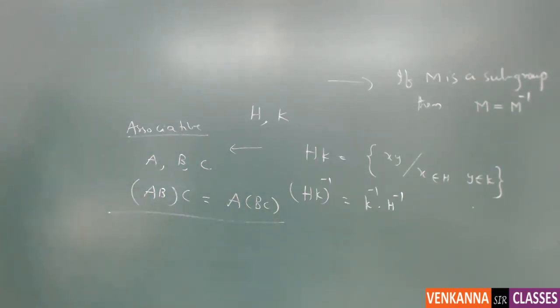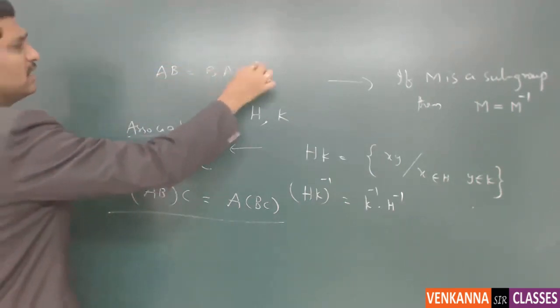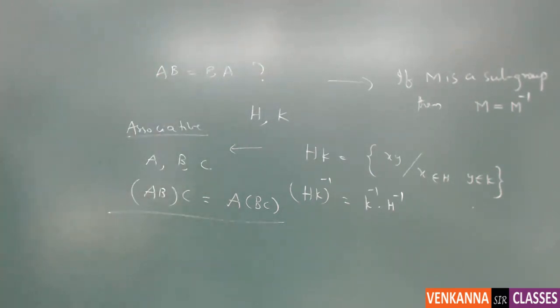So they need not satisfy the commutative property, but they will satisfy the associative property. Commutative property means AB is equal to BA, which is sometimes possible, sometimes not, but associativity is always satisfied.